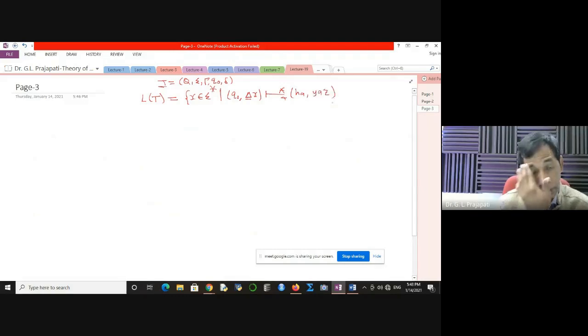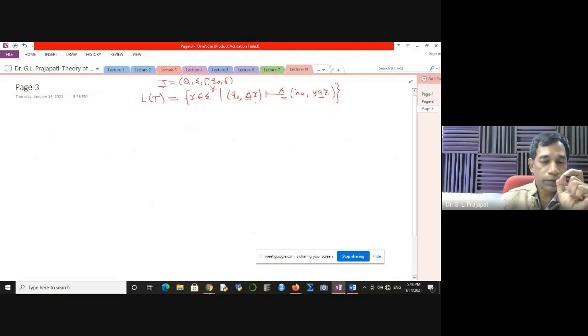This is the output. YAZ, HA is the halt state. This means starting from the initial configuration, there is a way the machine has decided that, okay, yes, this X is in the language, and hence it goes to HA.